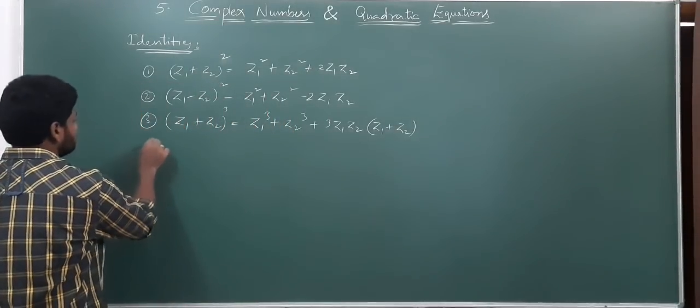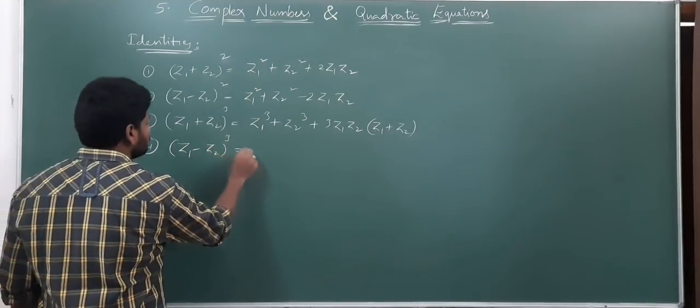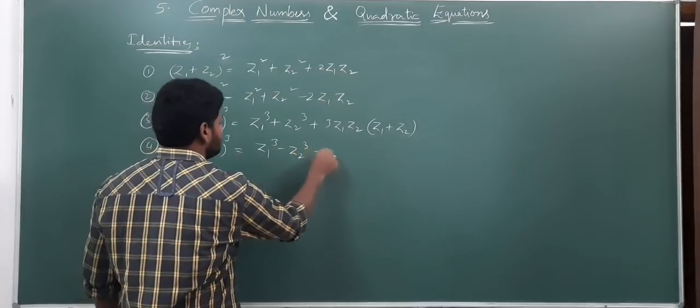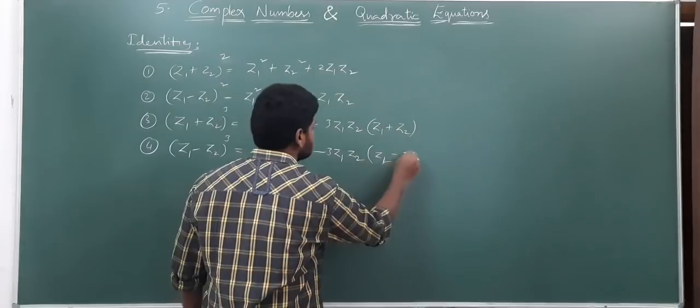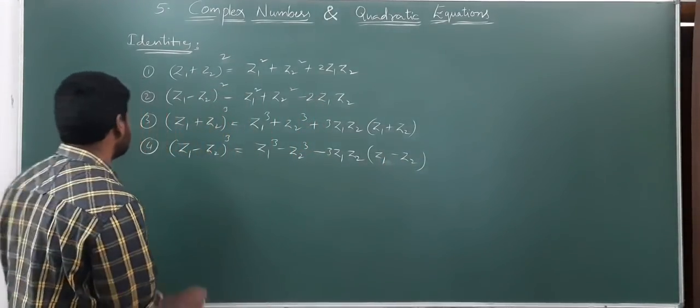Next, z1 minus z2 whole cube is z1 cube minus z2 cube minus 3 z1 z2 into z1 minus z2. This is the formula for z1 minus z2 whole cube.